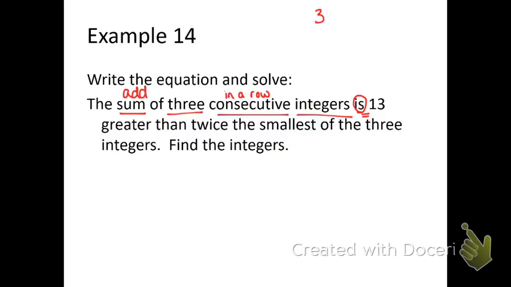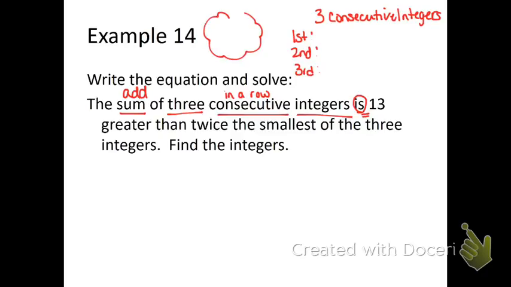So I'm going to come up here and let's talk about three consecutive integers. Alright, so we got our first integer, our second integer, and our third integer. Well, in class, y'all gave me examples of what those integers would be. And so you said, like, maybe, in my think bubble here, 4, 5, and 6.